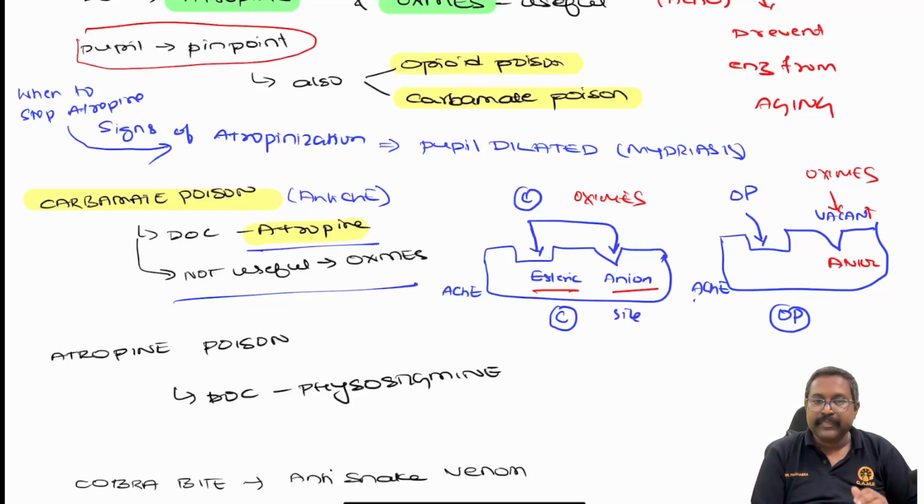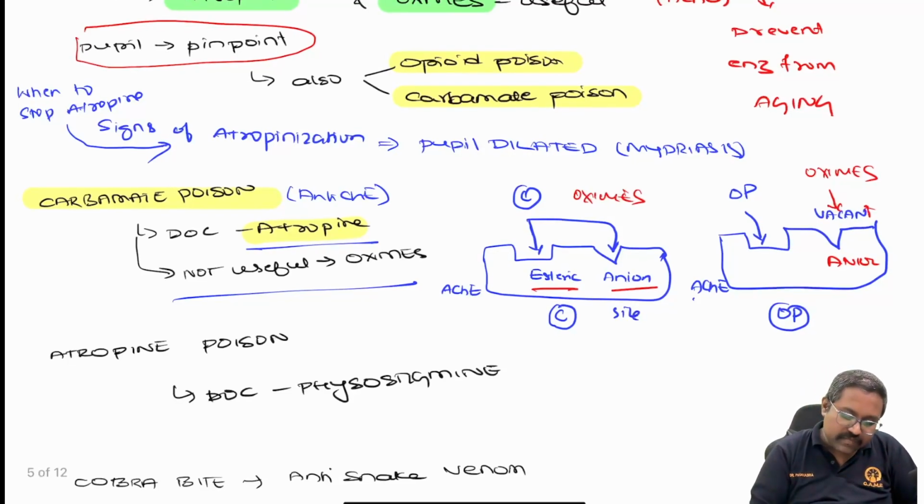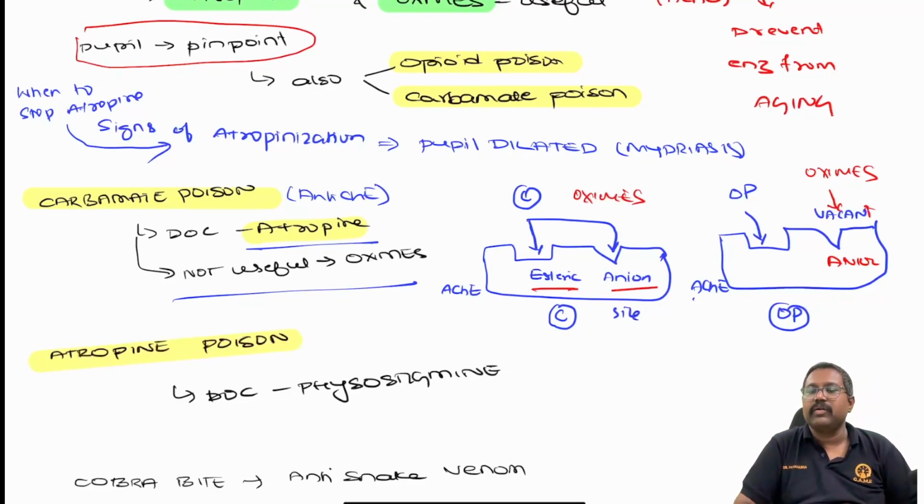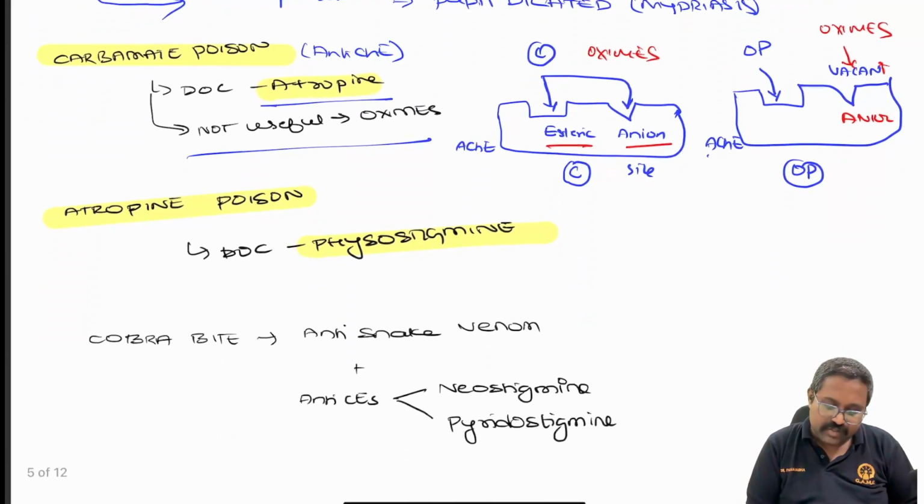Is that clear? Okay. So if the dose of the atropine is increased while treating, how to treat the atropine overdose or atropine poisoning? Please remember, the drug of choice for atropine poisoning will be your physostigmine.